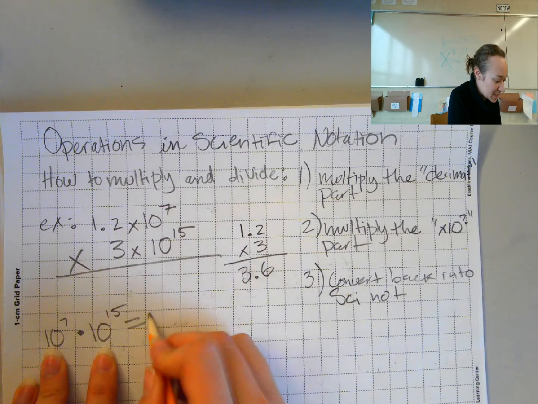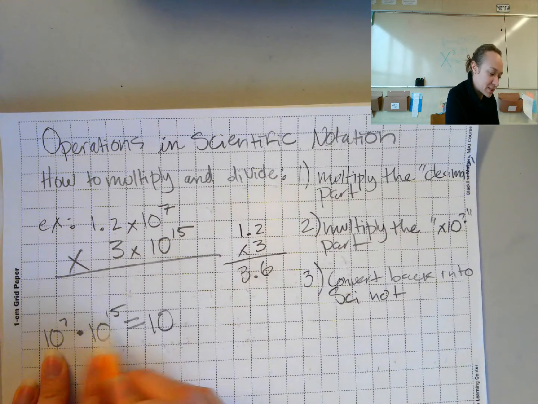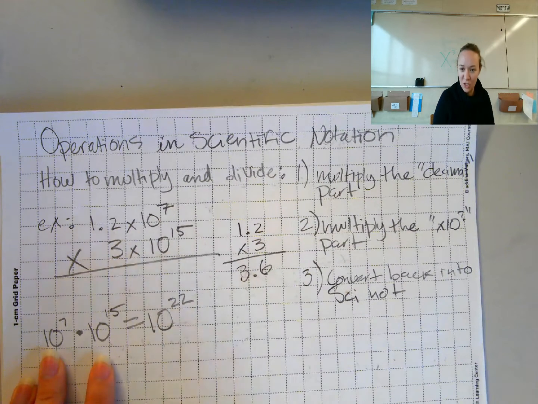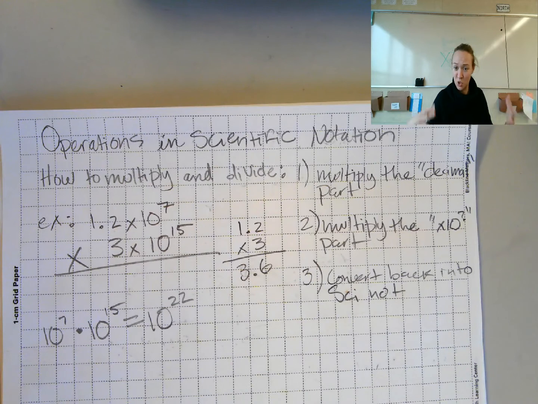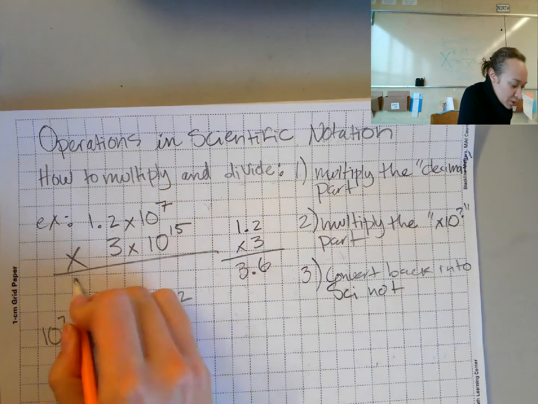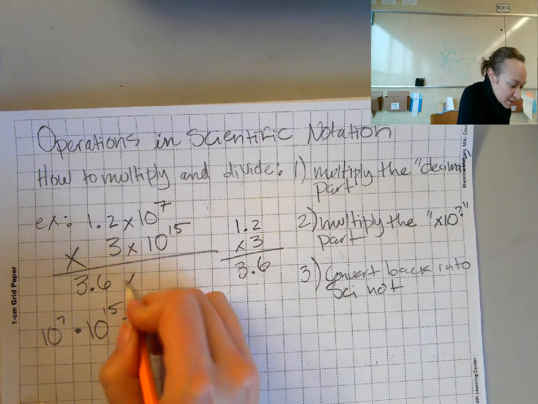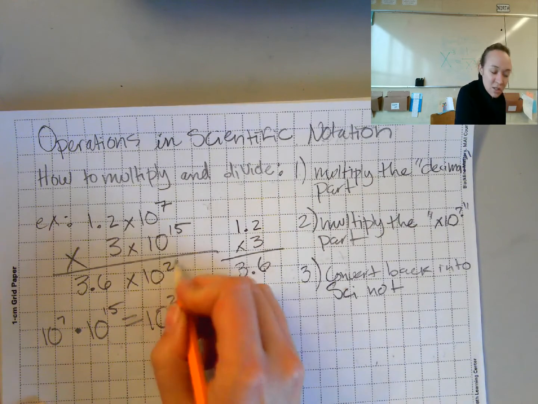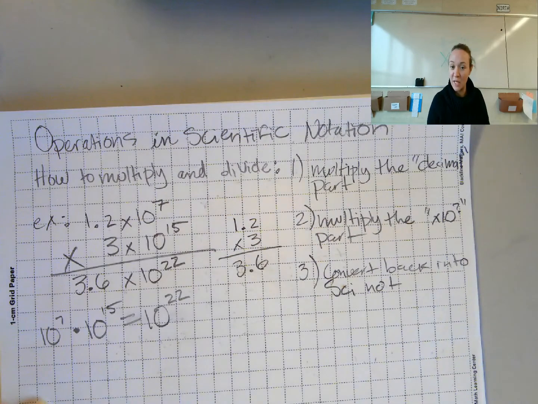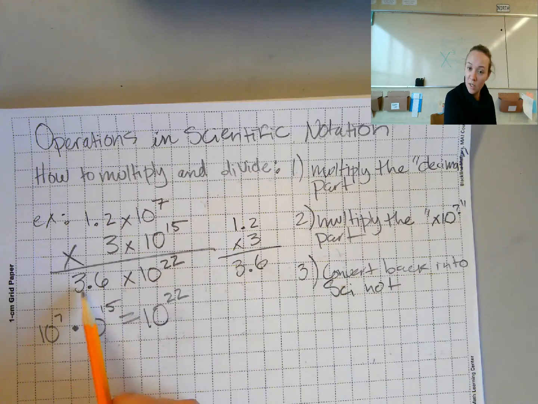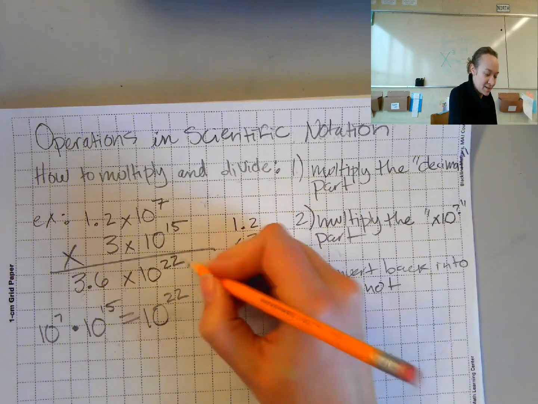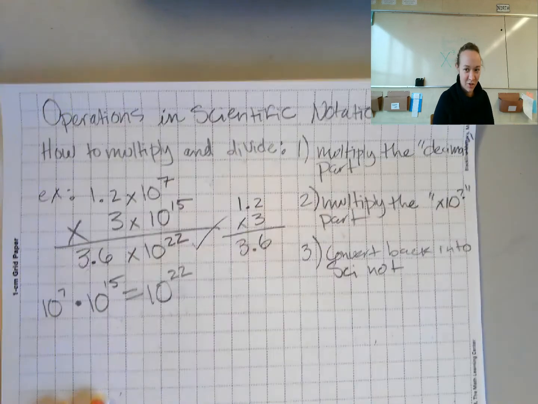So that gives me 10 to the power of 15 plus 7, which is 22. And then I just switch it back to scientific notation. So my answer is 3.6 times 10 to the 22. And this was a nice example because that is proper scientific notation. I know that because it has 1 digit before the decimal. Okay? Woohoo! Done.